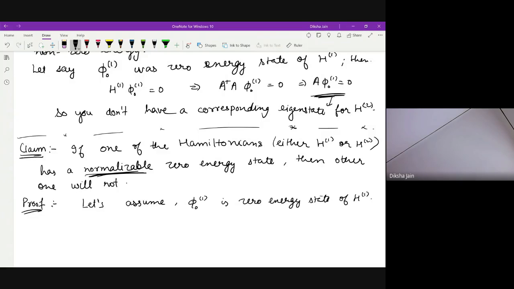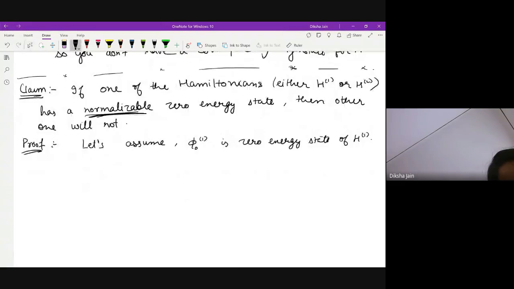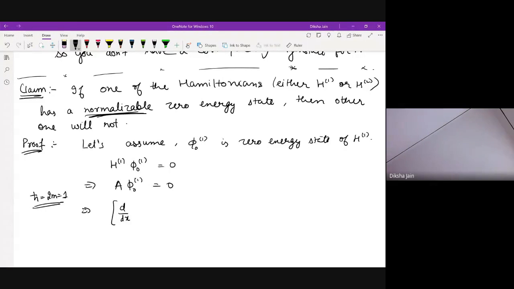So it's the zero energy state of H1. What I mean is that H1 on phi 01 is 0, or A acting on phi 01 is 0. And what was A? I am putting h cross equal to 2m equal to 1. d by dx of phi 01 plus W of x phi 01 is equal to 0.